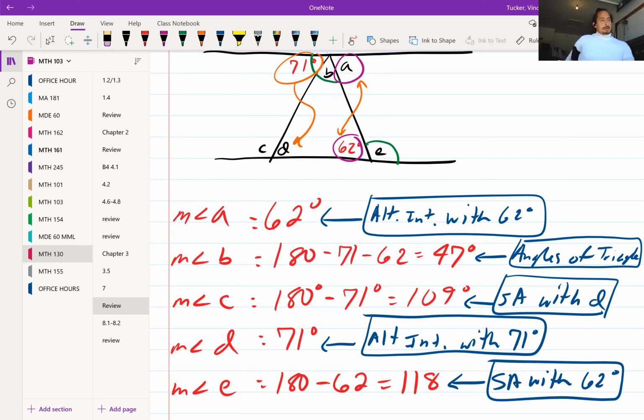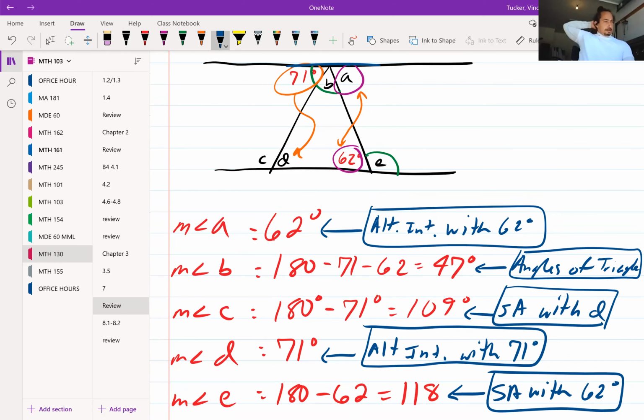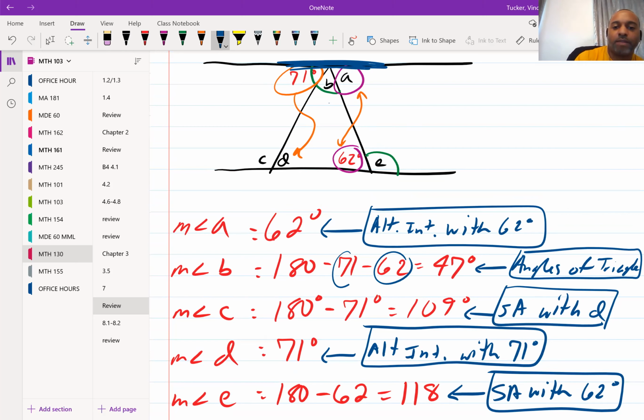But that's a straight line with 71, B, and A. Remember, A is 62 and D is 71, and we have 62 right here. So either way, you're going to subtract 71 and 62. No matter whether you're using angles of a triangle or you recognize you have a straight line with these three angles, you're going to do the same calculation.